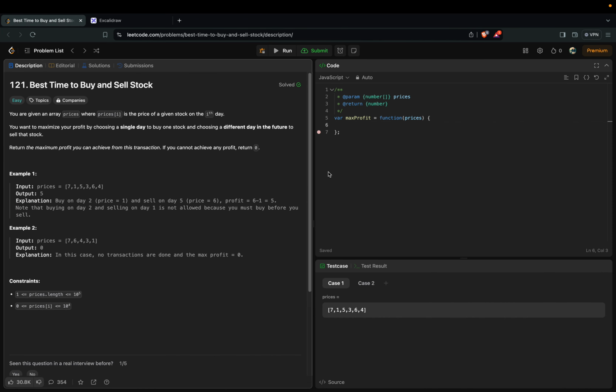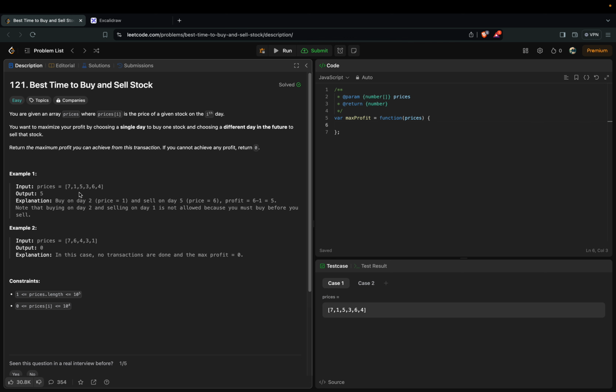Hi everyone. In today's video we are going to solve this problem, best time to buy and sell stock. According to this problem, we would be given an array of the stock prices on the respective days. On the 0th day it would be 7, and the first day it would be 1.